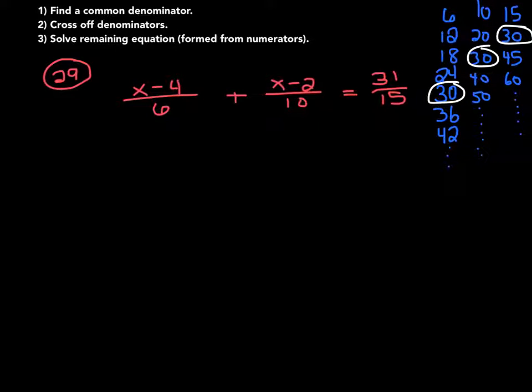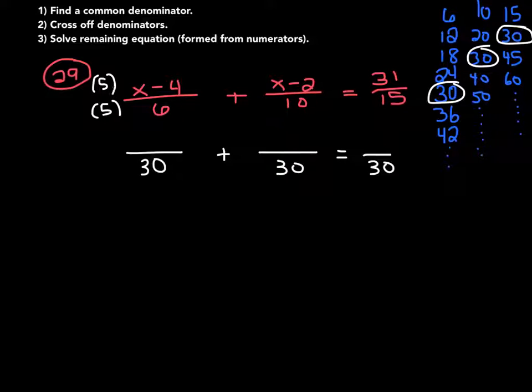So we're going to rewrite each of these fractions with a denominator of 30. Let's look at the first fraction. What do I multiply this denominator by to get it to become a 30? Well, 6 times 5 gives us 30. So let's multiply the bottom by 5, but in order to keep the fraction equivalent, let's also multiply the top by 5.